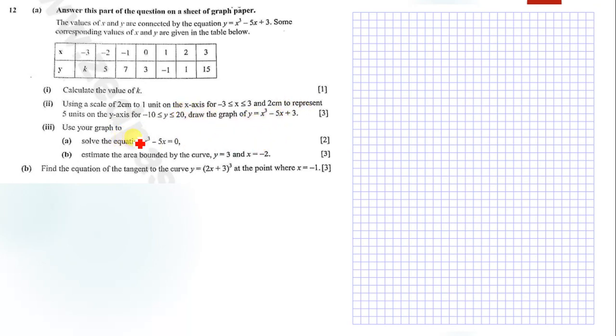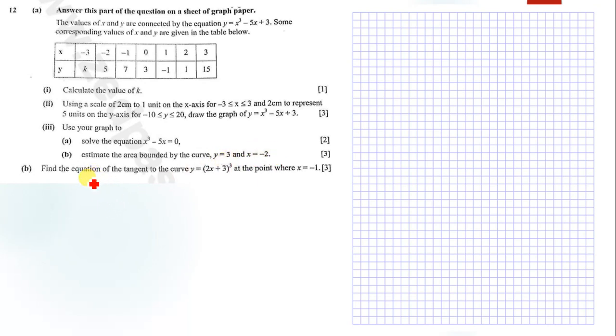So this is a very simple question. I'll show you what these scales mean and how to interpret them. And then the third question says use your graph to solve the equation that has been given here. And B says estimate the area bounded by the curve y is equal to 3 and the line x is equal to -2.